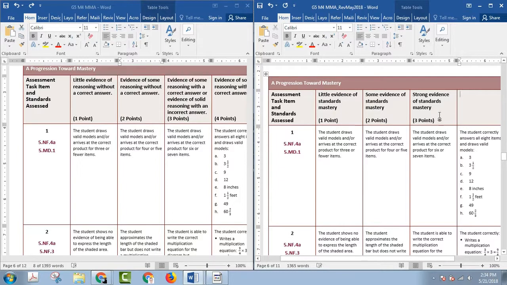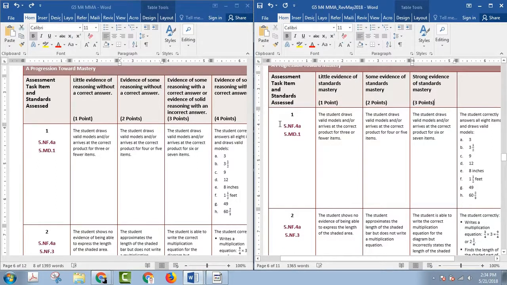All right, now we're getting rid of the 4, which means there's just 3 choices. You either don't have it at all, you kind of have it as the 2, or you definitely have it, which is the 3. Item 1 is asking students to multiply fractions and decimals and to convert.